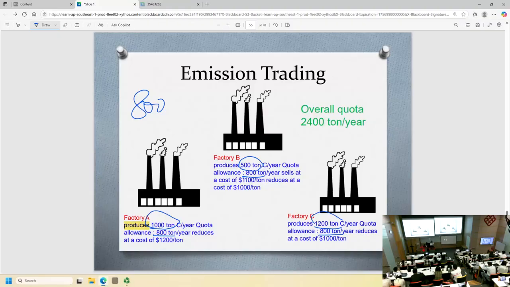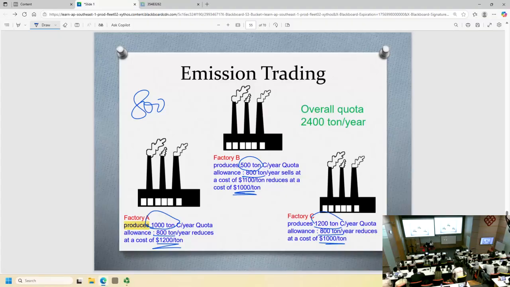Like for factory B and factory C, the reduction of each ton of carbon dioxide would be 1,000. But for factory A, it's more expensive. It's more difficult for factory A to reduce their carbon emissions.